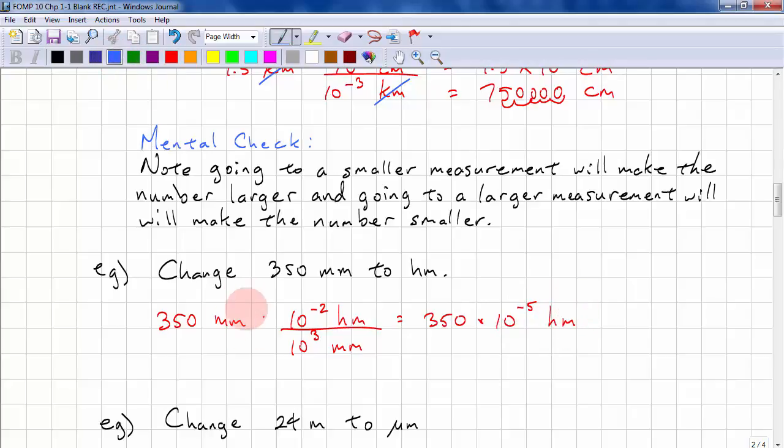Again, the millimeters cancel out. We have 10 to the negative 2 minus 3, so that's negative 5. If we wanted to move the decimal place over, we need to move it over 5 times. 1, 2, 3, 4, 5. So the decimal place, 2 zeros, hectometers.